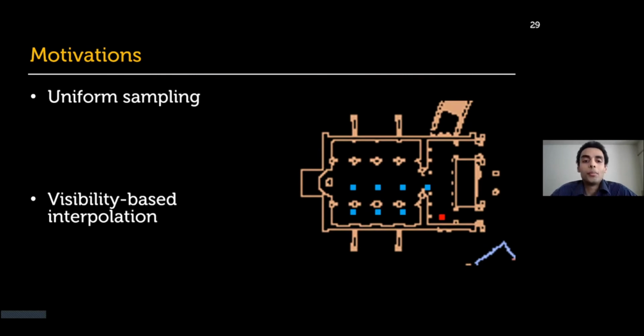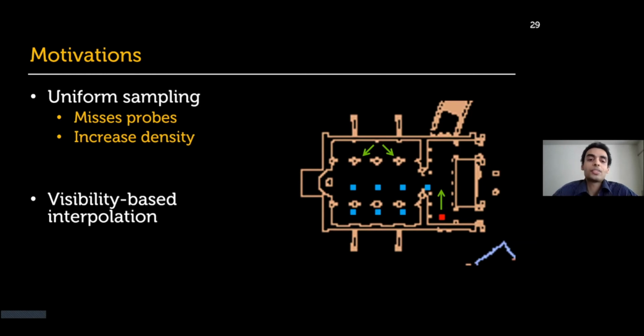Uniform sampling can miss regions such as narrow corridors or tunnels. For example, there are no probes available or visible to the player location as shown here. They might also fall inside the geometry. In order to overcome such issues, we have to increase the sampling density of probes. However, this is not practical due to the pre-computation and memory requirements.